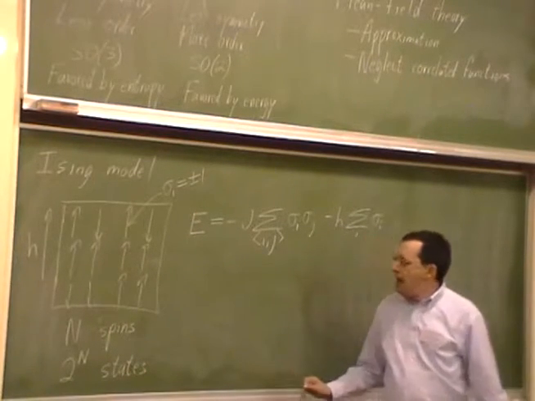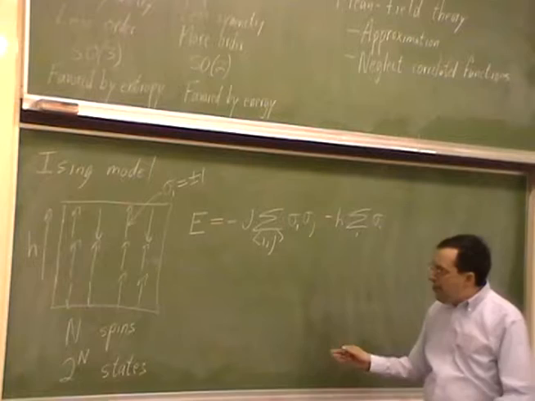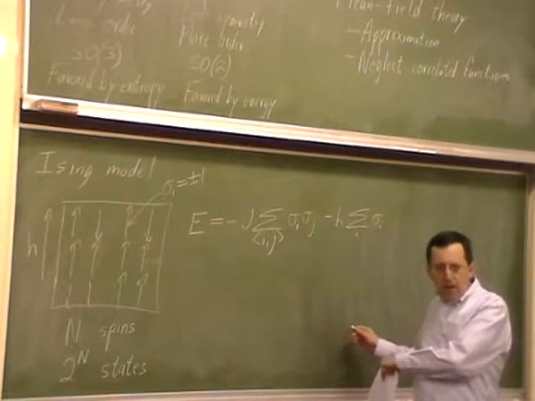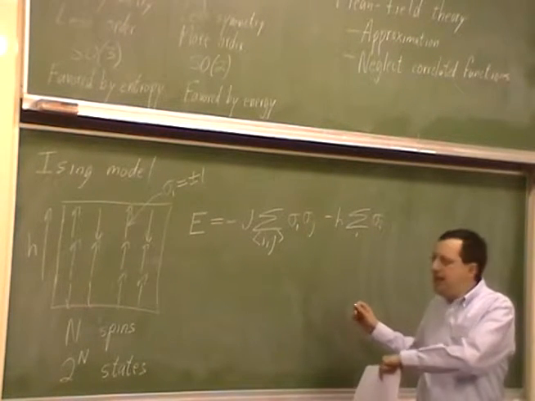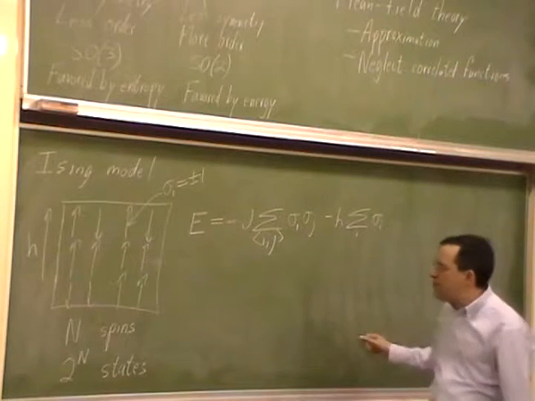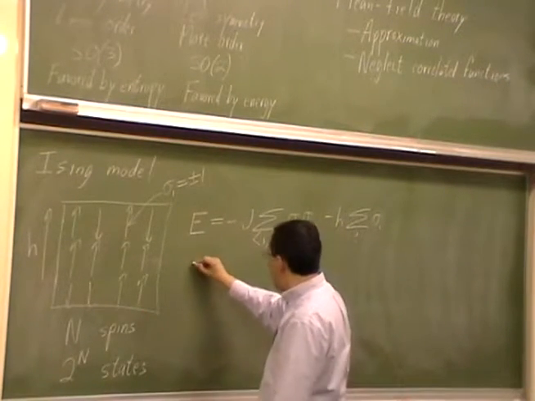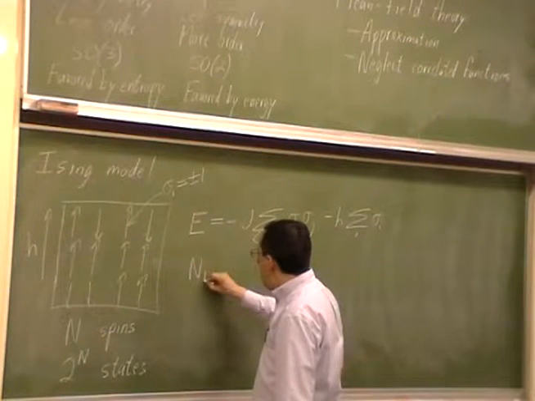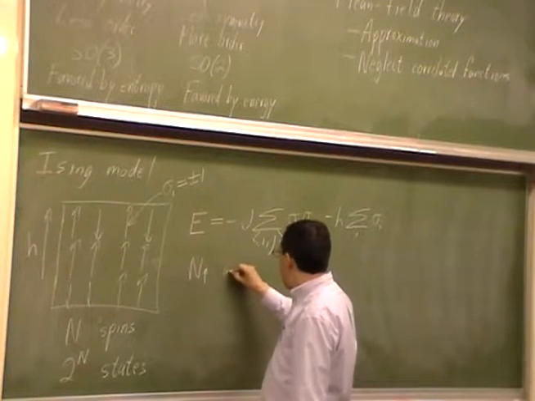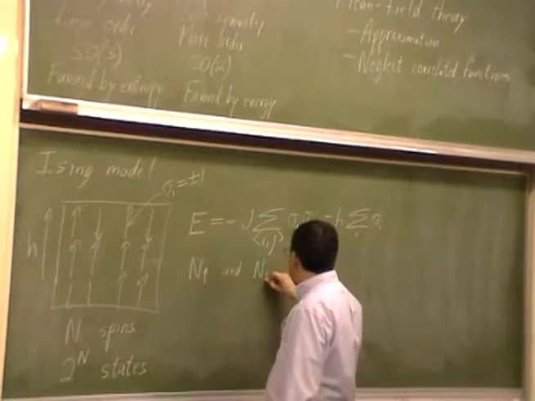Right? And now I want to classify the states based on what's the net magnetic moment. Okay? So, we'll say of these n spins, we have n up and n down.